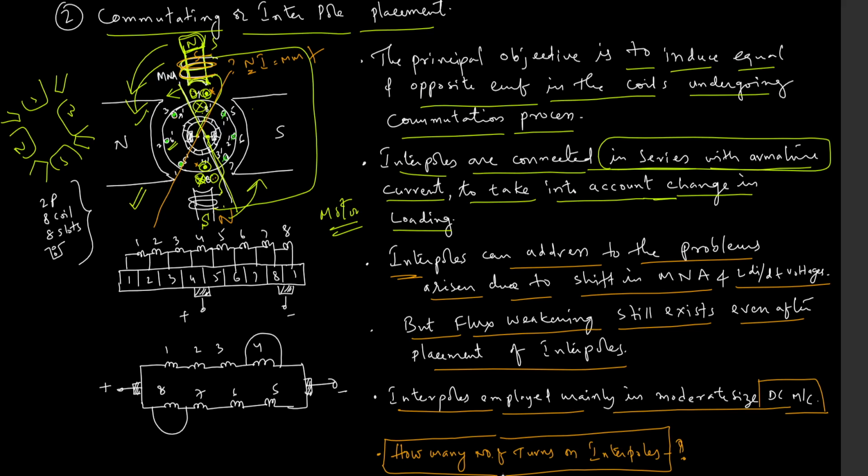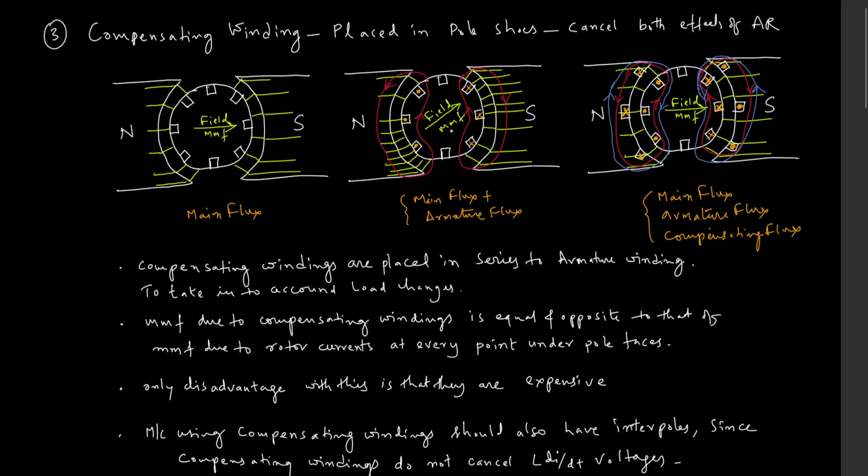The current is the same as that of the armature. Then I don't have any control on that current, but I have control on the number of turns. So how should I come to that number? So think over it. I'll come back to that point. Next method is the compensating windings.